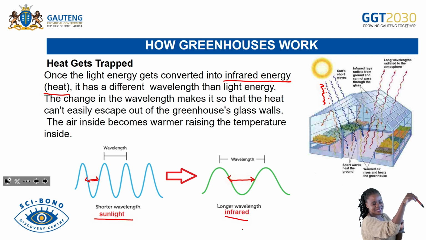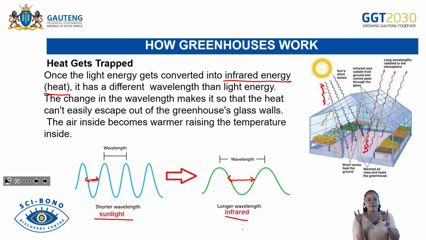As soon as it hits the soil, the plants and everything, it is now converted into what? Into infrared energy. Now look at the wavelength. The wavelength here on the red parts is not the same as the wavelength on the blue parts. When it's outside, the wavelengths are shorter, and when it is converted into infrared energy, the wavelengths are now what?